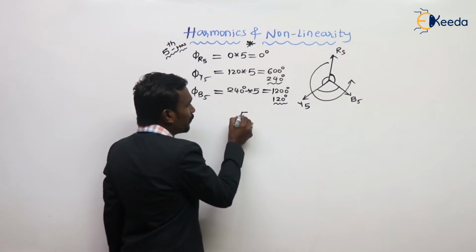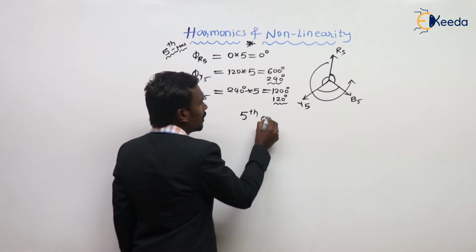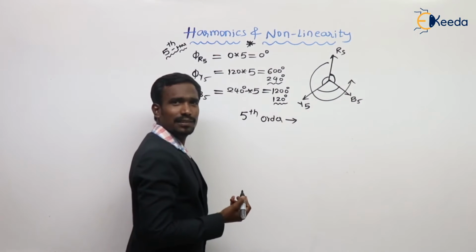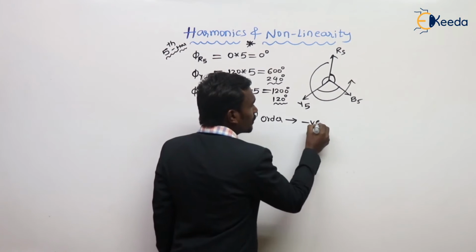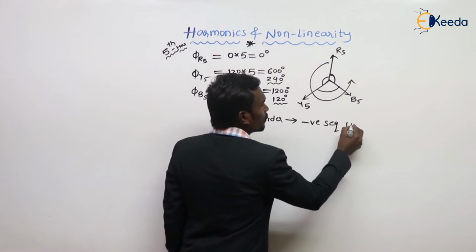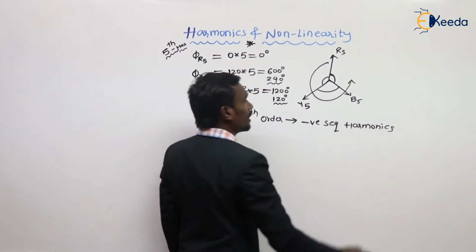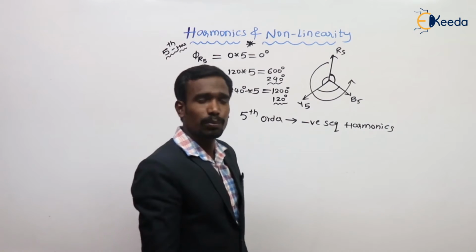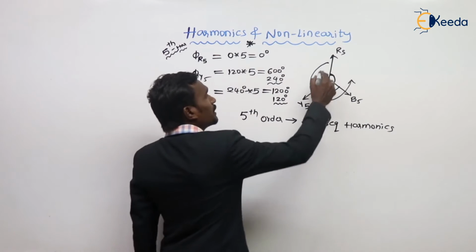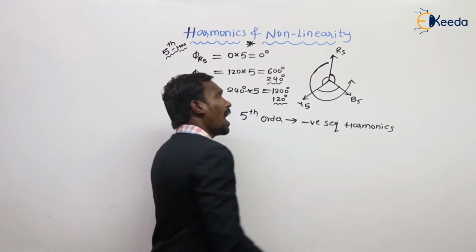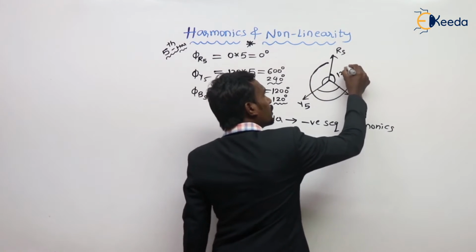That's why fifth order harmonics are also called negative sequence harmonics, because they follow the fundamental rules in the reverse direction and each phase is displaced by 120 degrees.